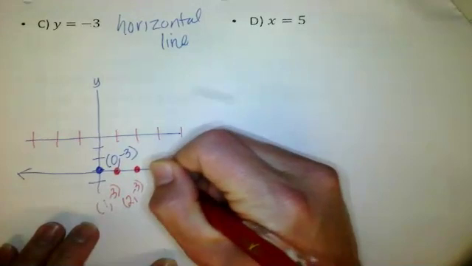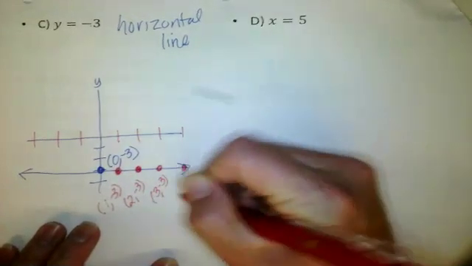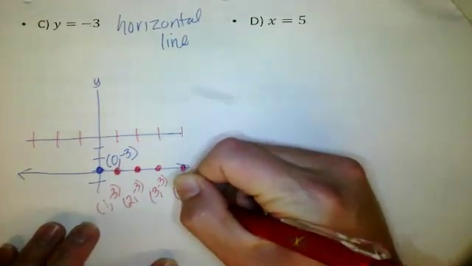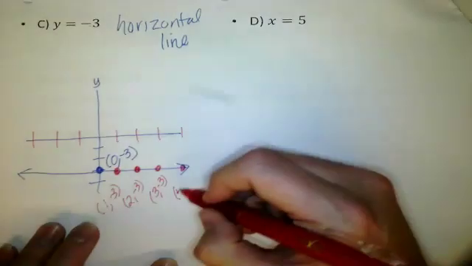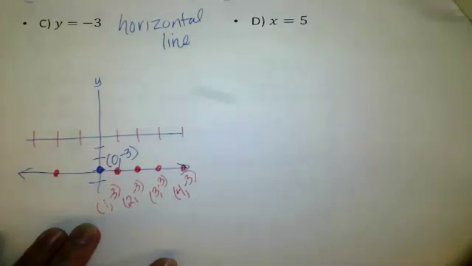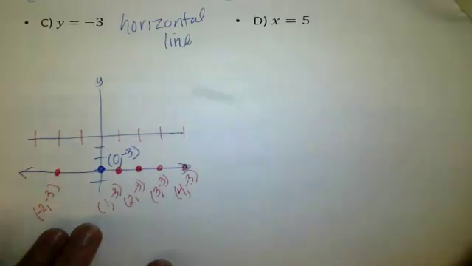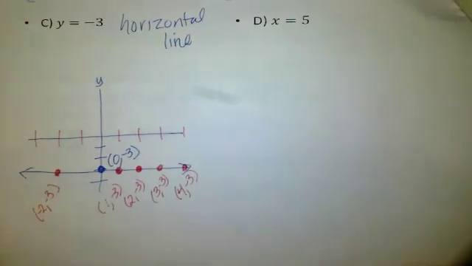And what's this point's name? 3, -3. And what's this one? 4. Are you sensing a pattern here? What's this one? -2, -3.